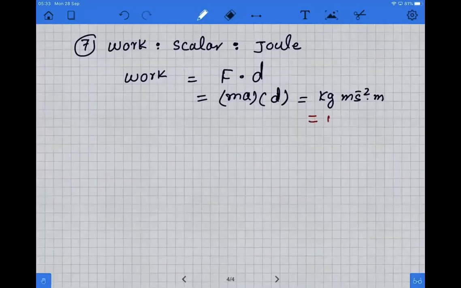This could be written as kilogram meter square second minus 2. This is base unit of work.